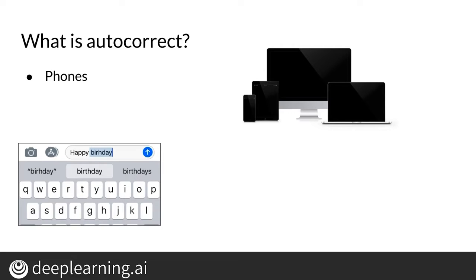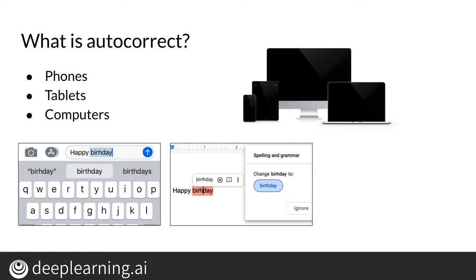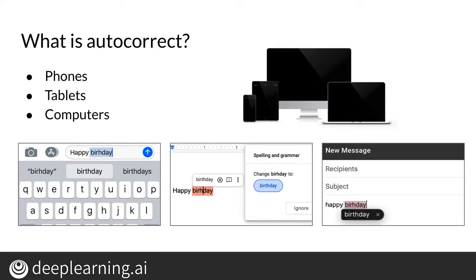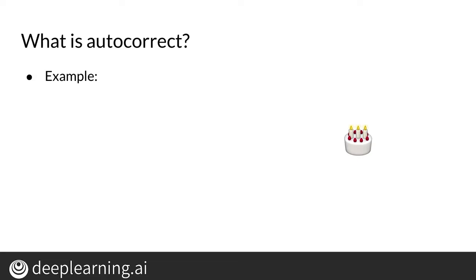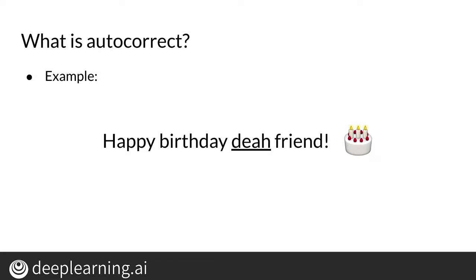You have it on your phone, tablet, and on your computer inside your document editors and email applications. For example, it takes a sentence like this one, "Happy birthday, de friend," and corrects the misspelled word "de" to a word that you probably intended to write, which in this context would be "dear," correctly spelled D-E-A-R.